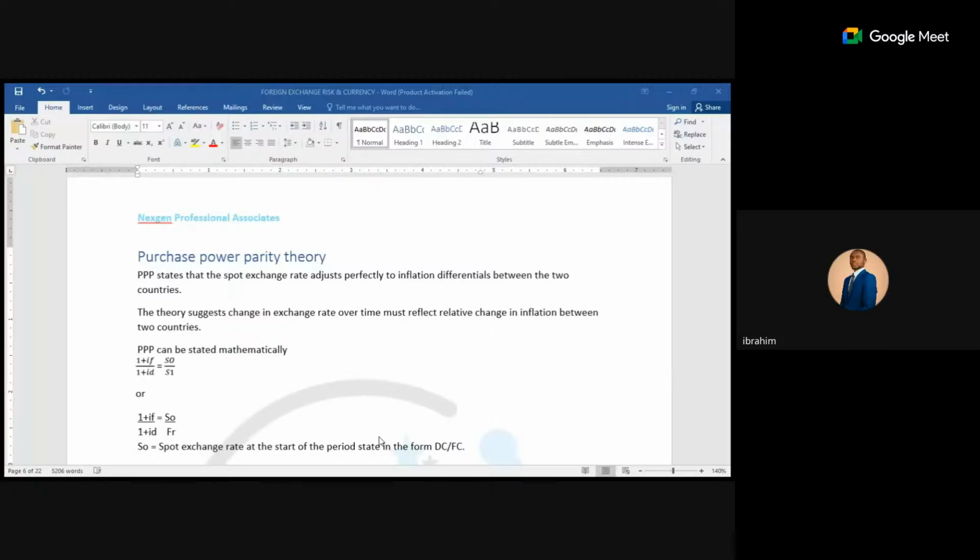You must adjust the countries' exchange rate with inflation, because when you are projecting your forward rate in the future, you have to consider inflation. You have to adjust for inflation in your exchange rate using the purchasing power parity theory.